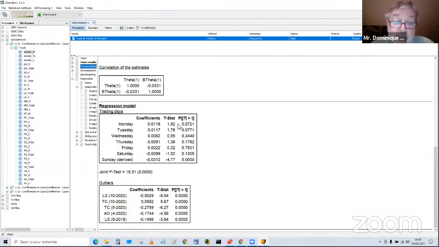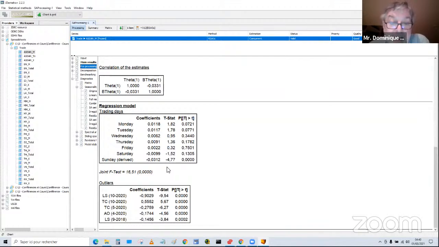And if the Student statistic is in absolute value larger than 2, then you will say that your coefficient is statistically significant. So here you can see that none of the coefficients of the beginning of a week except the Sunday is significant, but the Sunday is significant, okay?